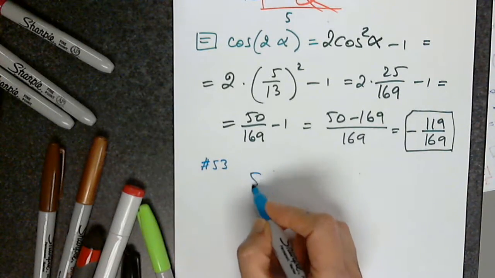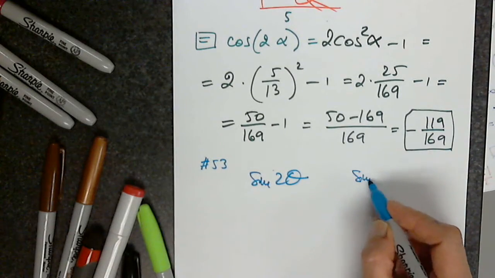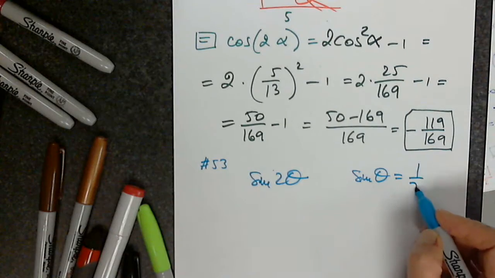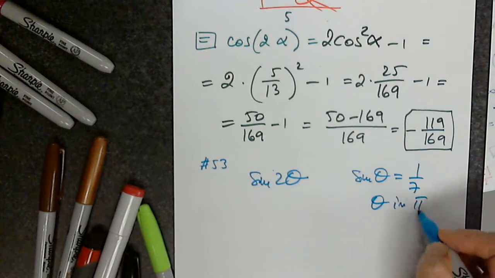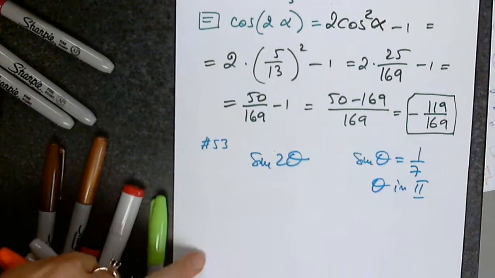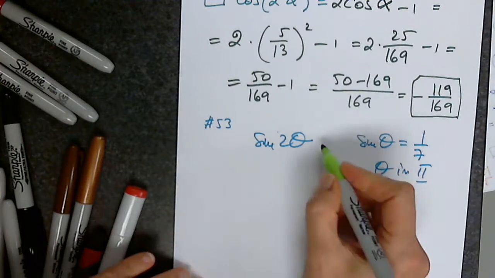And we have sine twice theta, and we are given sine theta as 1 over 7 and theta in the second quadrant. Evaluate sine twice theta if you're given sine theta equals 1 over 7 and theta in the second quadrant. I need the formula for sine twice theta.